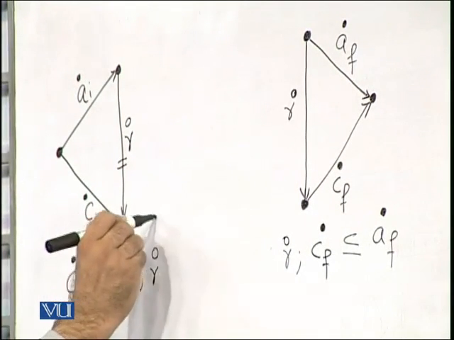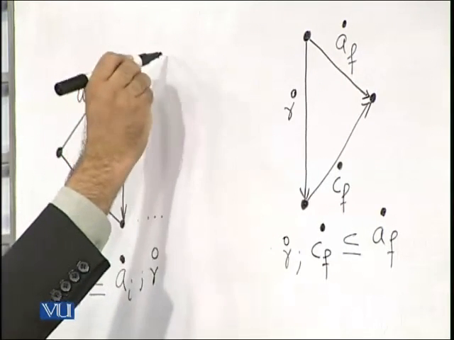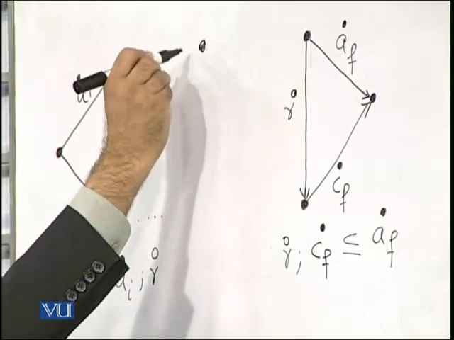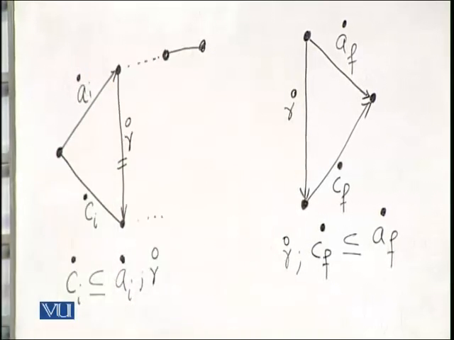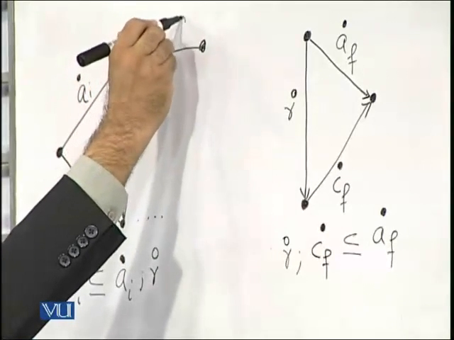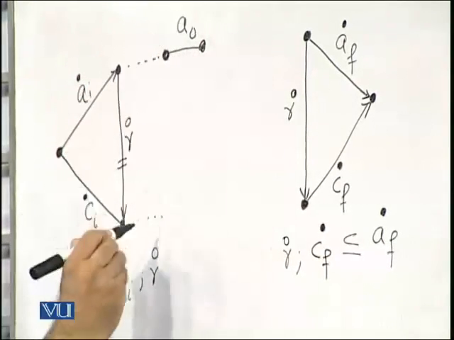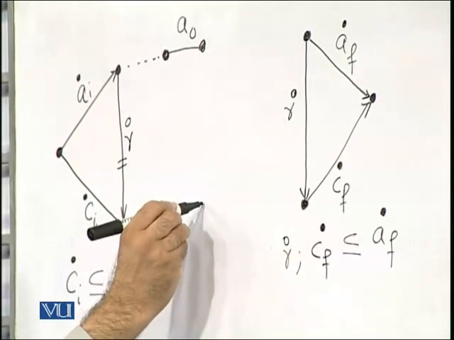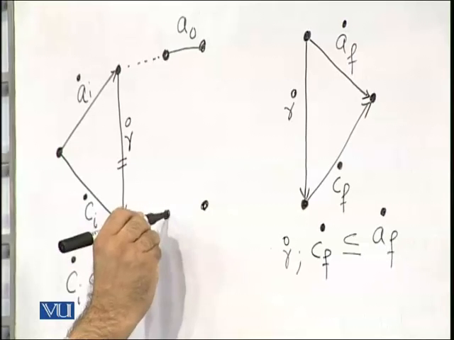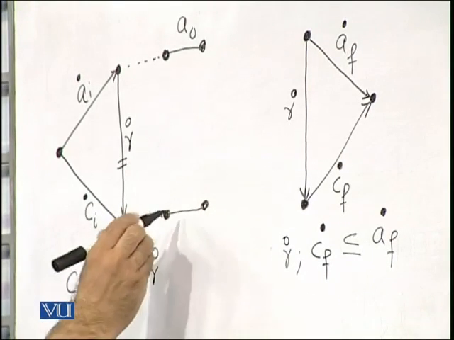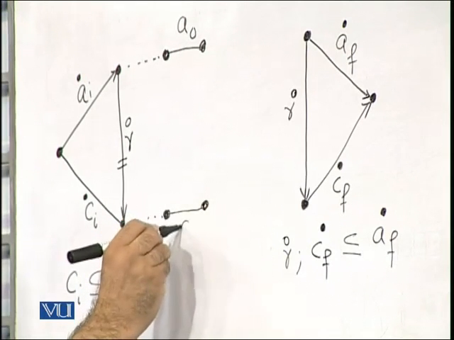Now I have a situation where I am somewhere in between. So I am at this state, and I apply this operation A naught. And for a corresponding case, I apply this operation C naught.